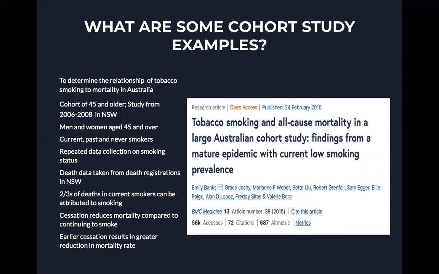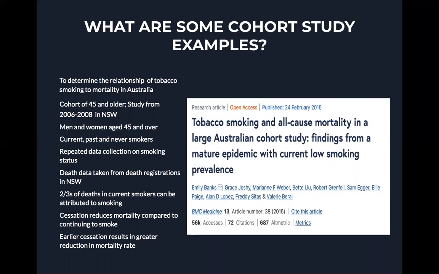An example of a study which has used a cohort study design is this one here. For this study, their aim was to determine the relationship of tobacco smoking to mortality in Australia. They used a cohort of 45 years and older men and women, and they were part of a study that was done between 2006 and 2008 in New South Wales.